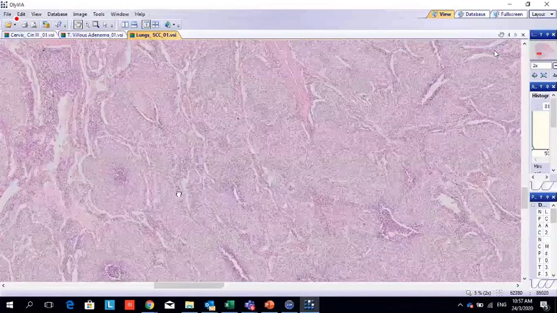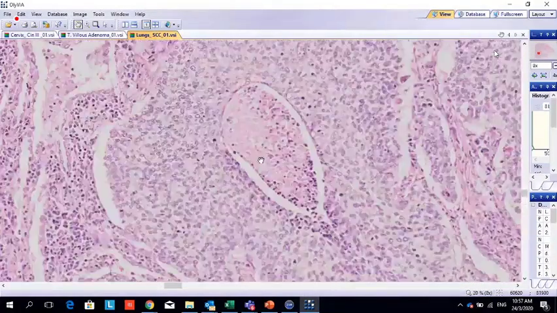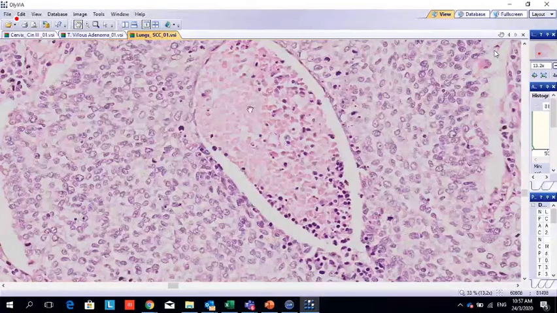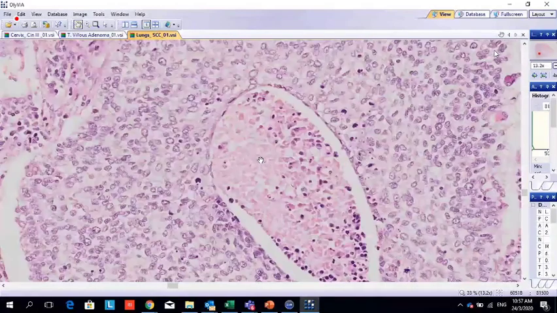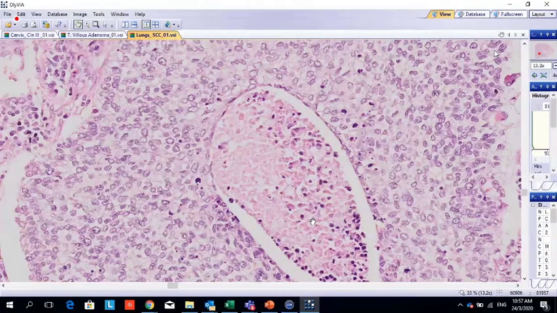Okay. Here, what is this in the center? Blood vessel? Can you see? What are these? Necrosis? Yeah, necrosis. If you see the tumor has necrosis and abundant mitosis, that means this tumor is very aggressive and highly proliferative.